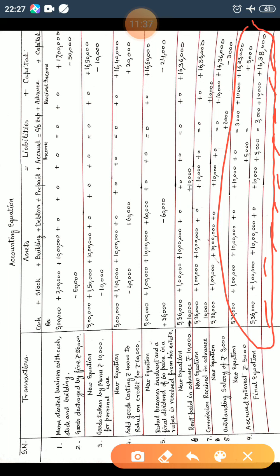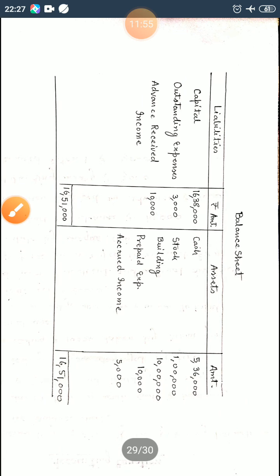So the balance sheet will contain on the asset side cash, stock, building, prepaid and accrued income, and liability contains outstanding expenses, advance received income and capital. So this is my balance sheet.